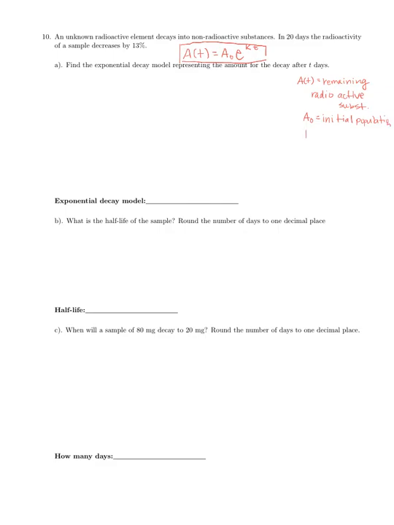And then k is the decay rate. Now, notice that since it's decaying, k better be negative in this case. And then t is the number of days. Okay, so I think we're good to go.